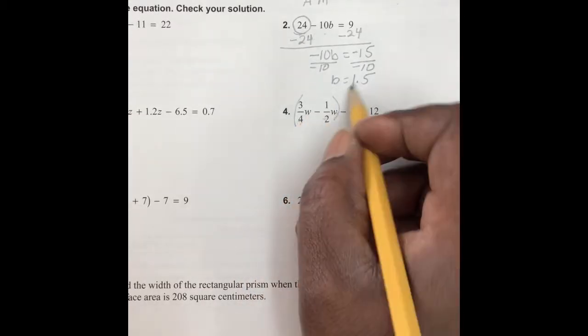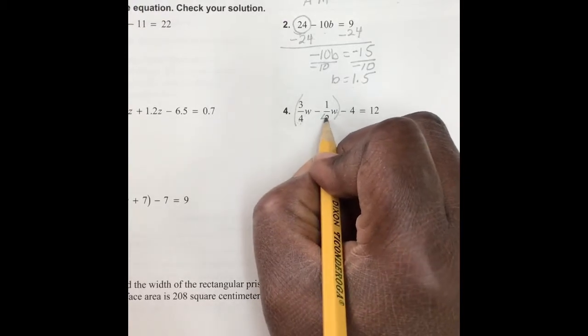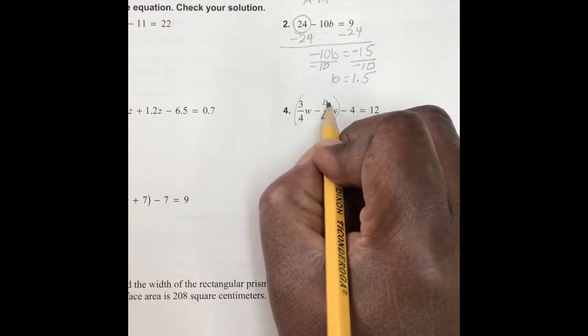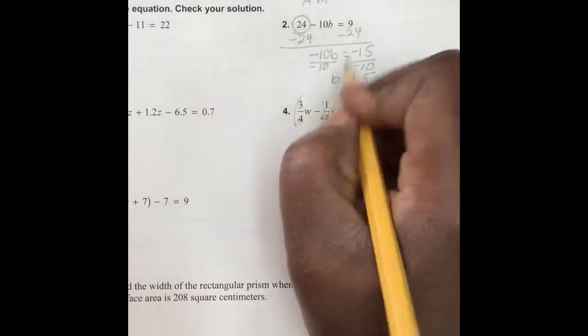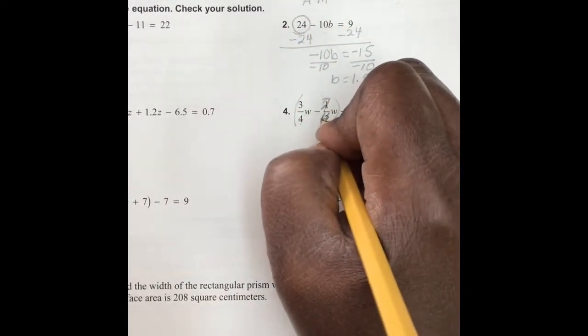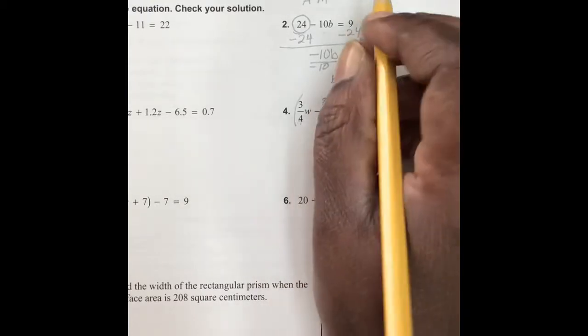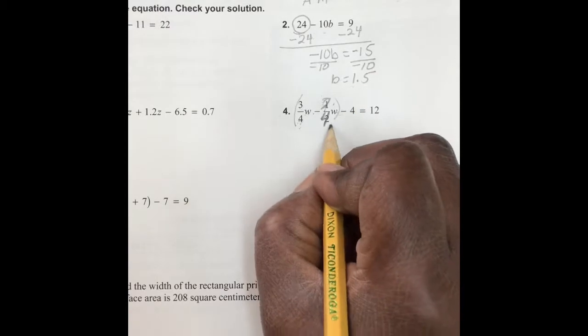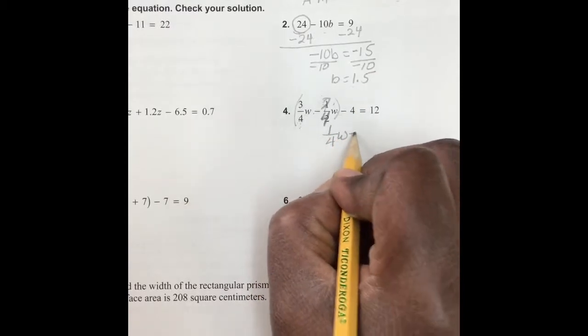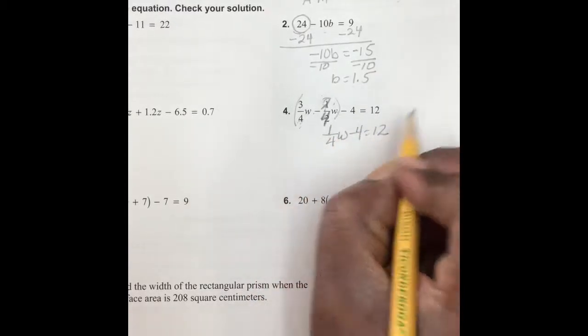So this will become 4, and this will become 4. I'm sorry, this will become 2. Multiplying them both by 2, so we have 2/4. So that 3/4 minus 2/4 is going to give you 1/4 w minus 4 equals 12.